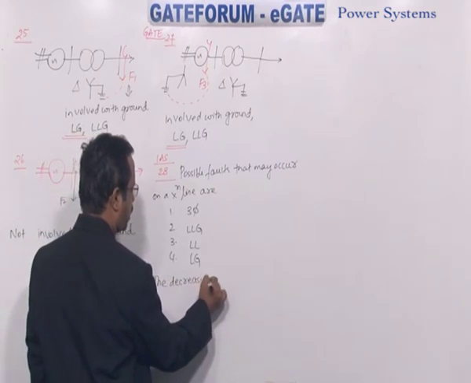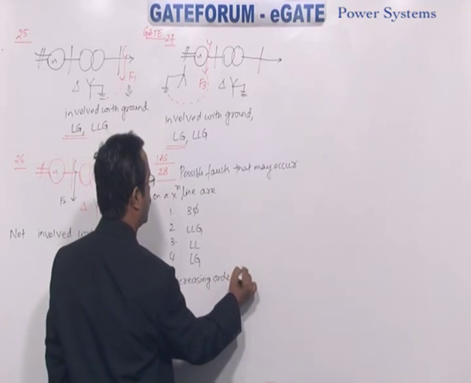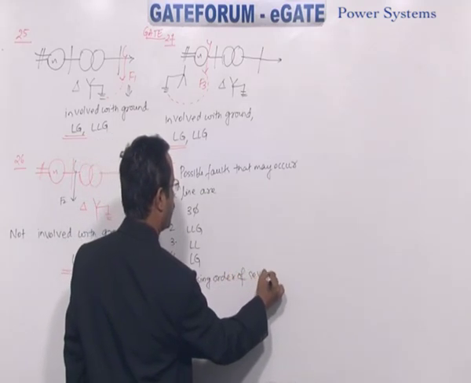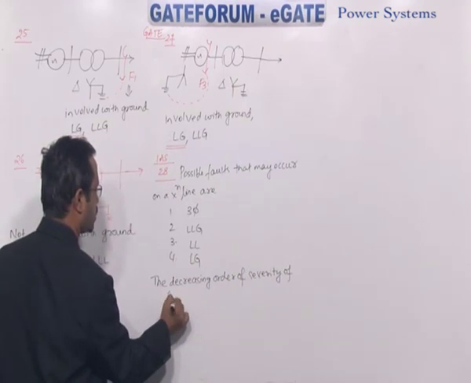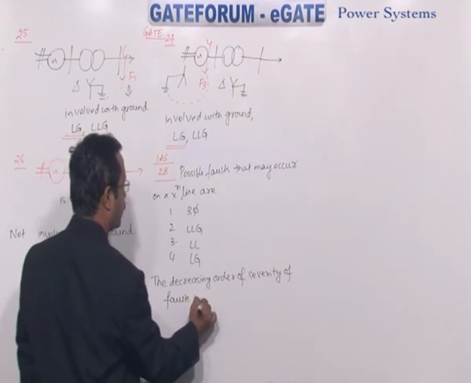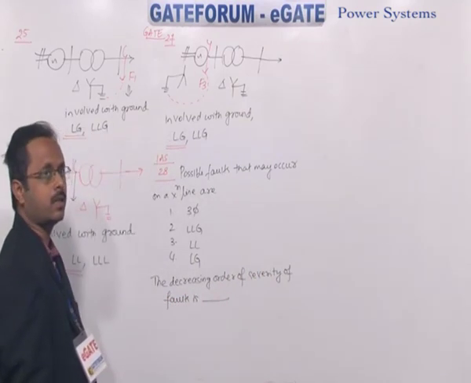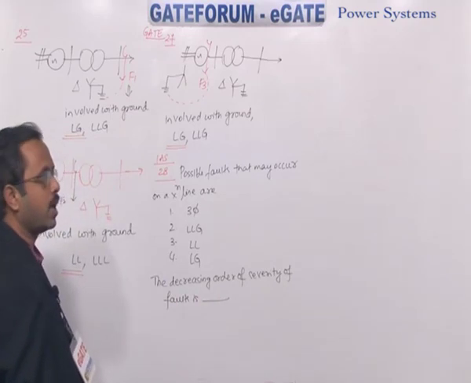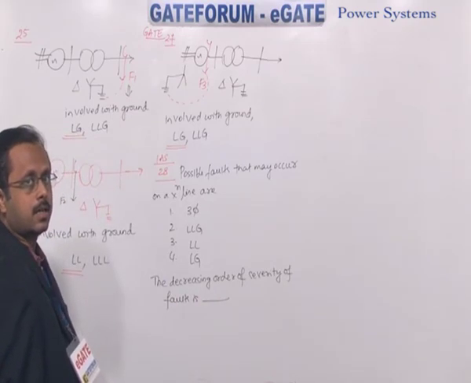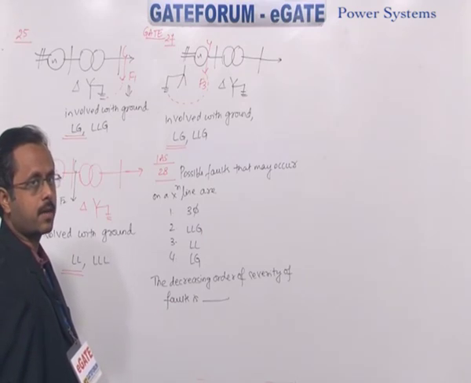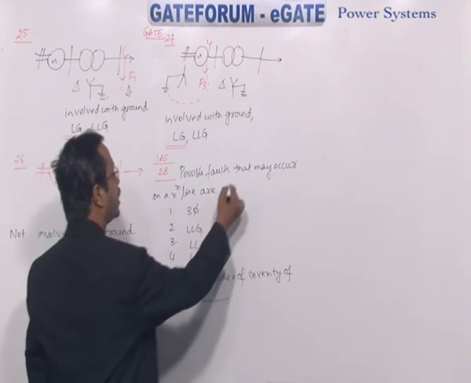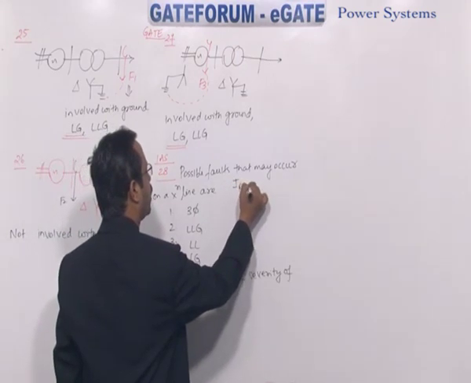The decreasing order of the severity of faults. Where you have less reactance, there you say the fault is high. So you calculate the IR1 equations for all the faults.